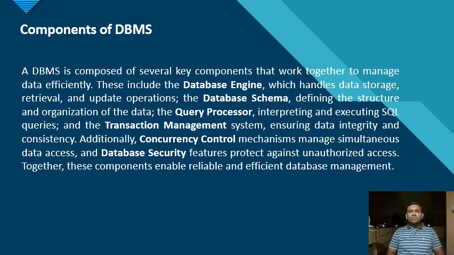Additionally, concurrency control mechanisms manage simultaneous data access, and database security features protect against unauthorized access. Together, these components enable reliable and efficient database management. This is about the components of DBMS.